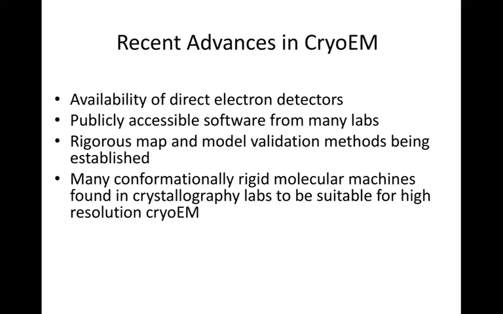Thirdly, in the last 3 or 4 years, the community has become aware of the importance of establishing rigorous criteria for validating both the map and model before they are published and before they are deposited to the EMDB and Protein Data Bank. Such establishment allows the community to complete their structures with high reliability and accuracy.